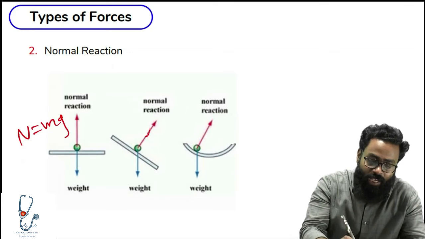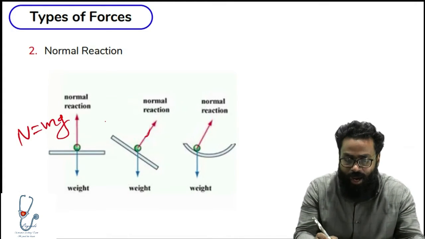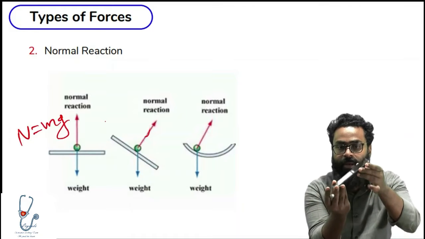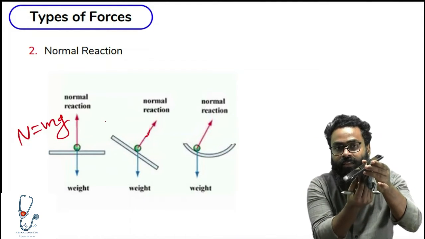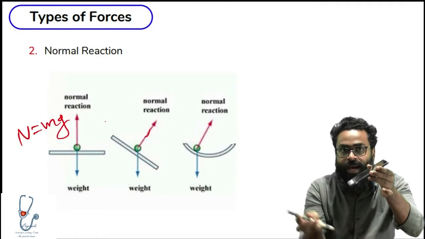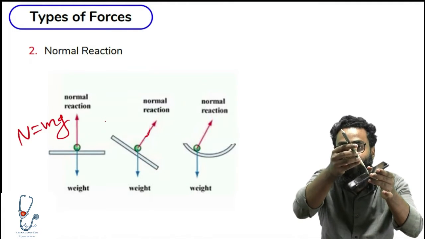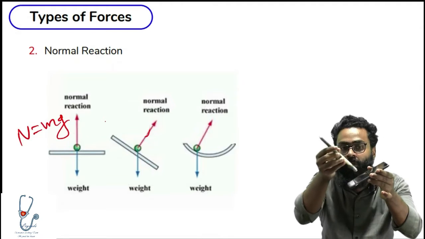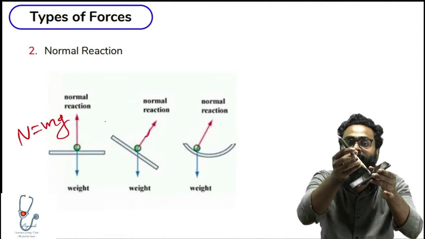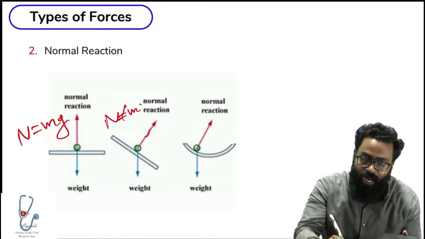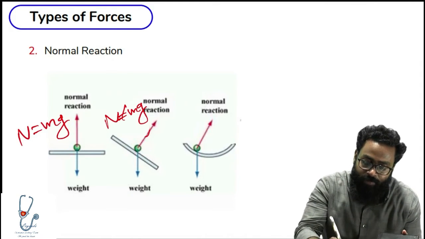So we can write N is equal to mg. Clear that? And when the mobile is on an inclined plane, there will be a weight downwards, and the normal reaction is perpendicular to the plane, in another direction. So here N is not equal to mg.